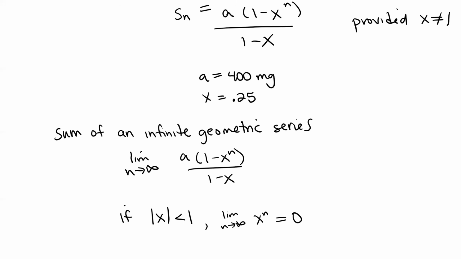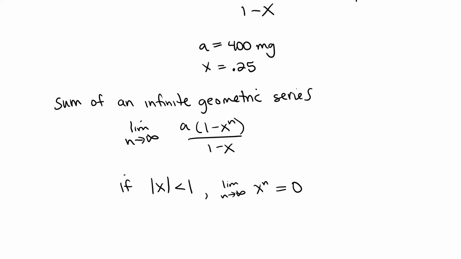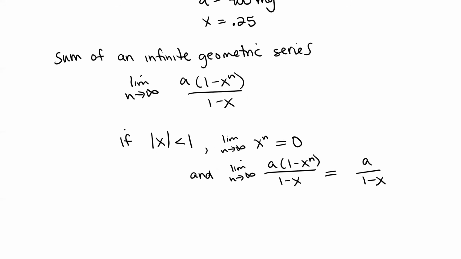So since this part's going down to 0, the limit as n goes to infinity of a times 1 minus x to the n over 1 minus x is going to be equal to a over 1 minus x. Okay, so if x is between -1 and +1, here is our shortcut for our infinite geometric series.